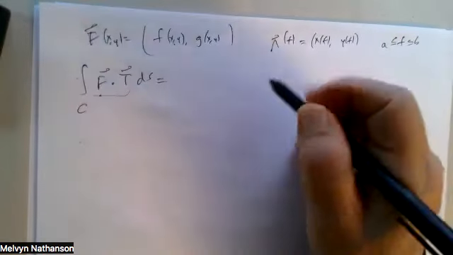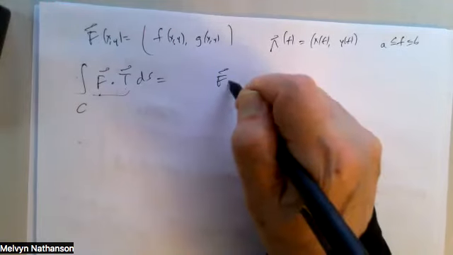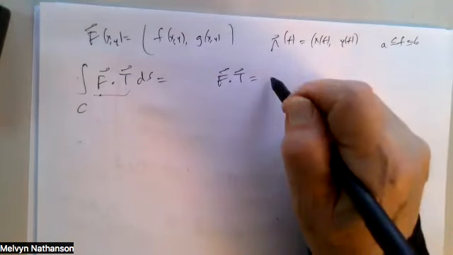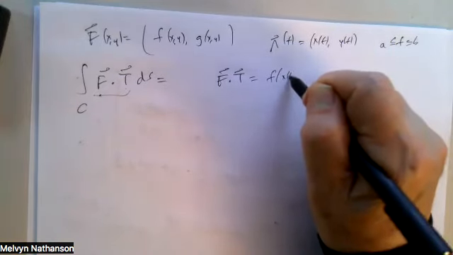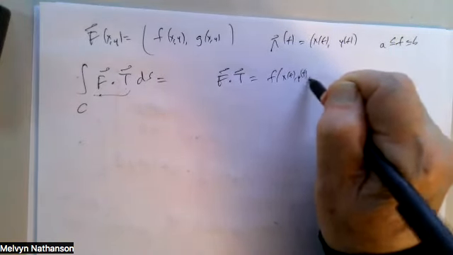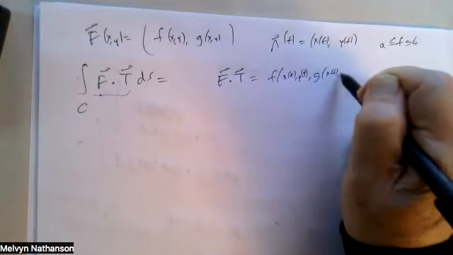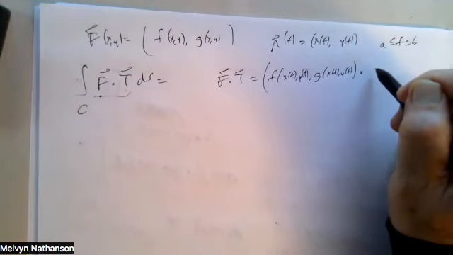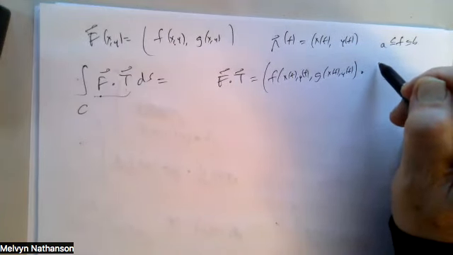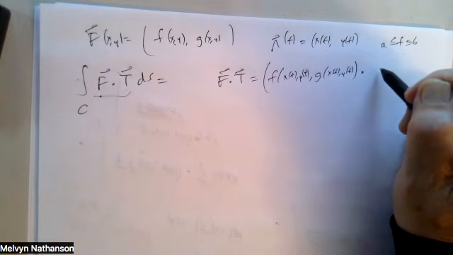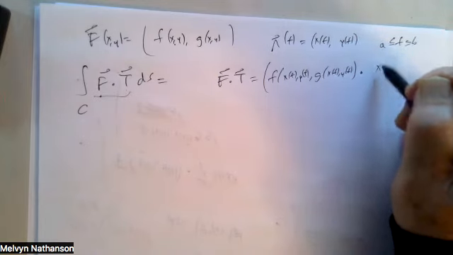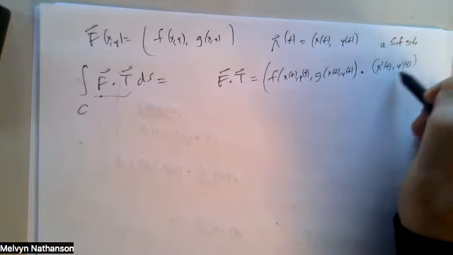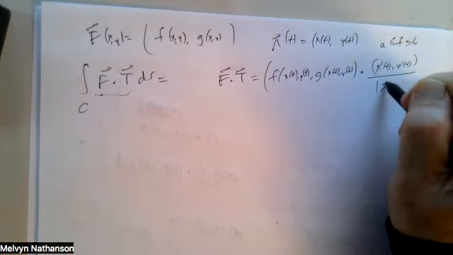Let me just do this. What is F dot T? So this is f of x of t, y of t, comma g of x of t, y of t, dot product with r prime of t divided by the length of this vector.